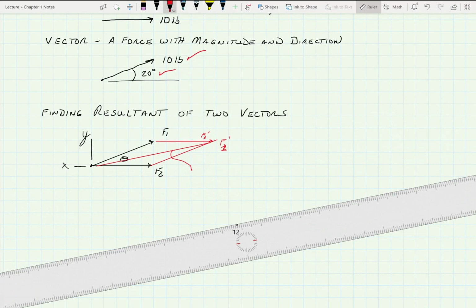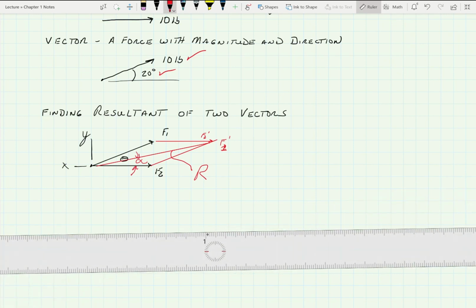And that is called R. And R will have a new angle. Let's call it alpha here based on that. So then we get a vector for R. Okay, so that's parallelogram. And the rule goes like this.